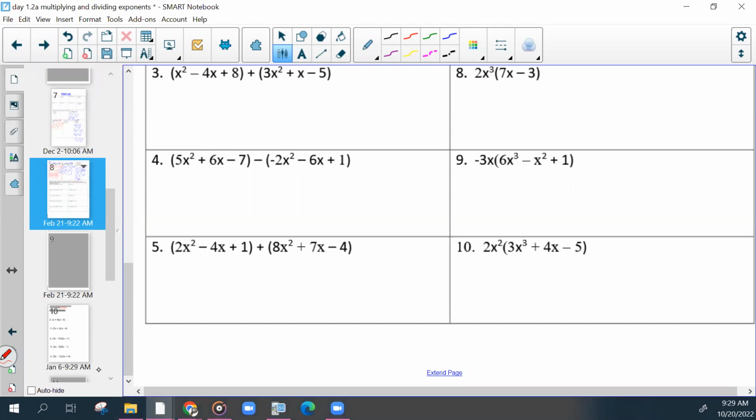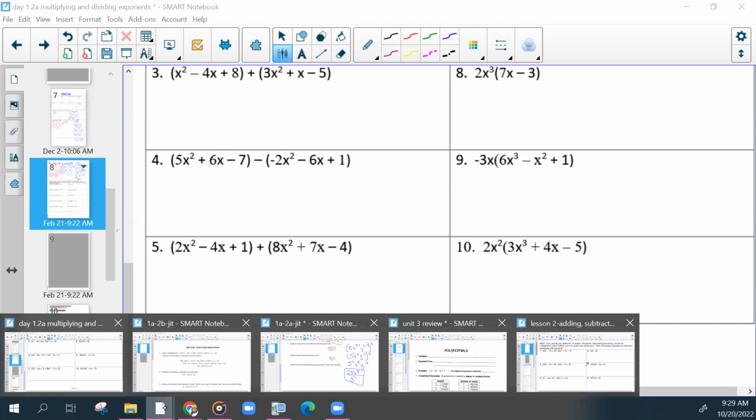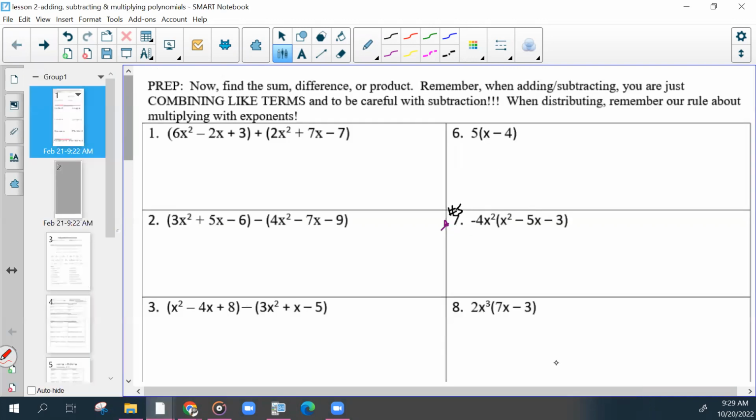Now would be the time to ask if you are confused about anything. And on which set of notes? The 1 through 6. So number 1 on 1 through 6, yes.